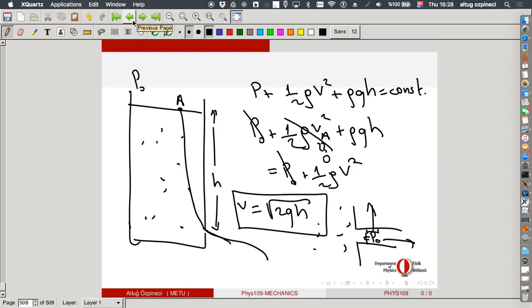Well, in this one, let's see. At the top, we said that it's not moving at all, more or less. So it's almost liquid at rest. So as you go deeper and deeper with H, the pressure will increase.